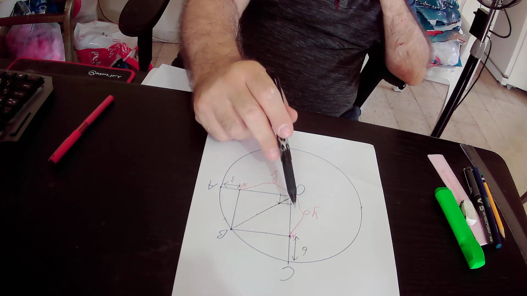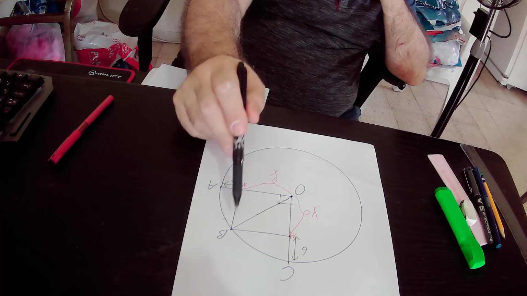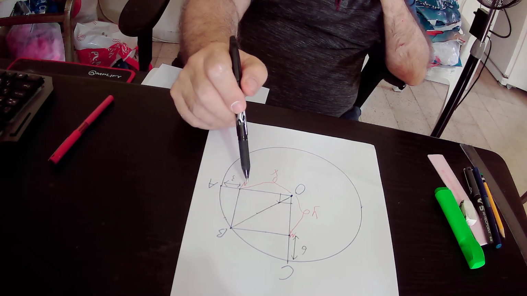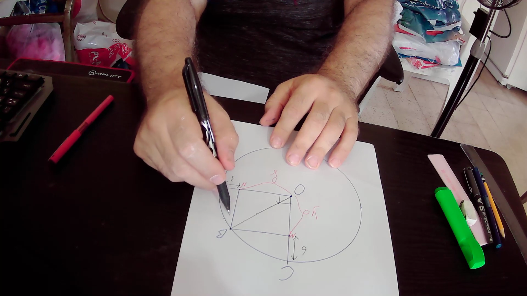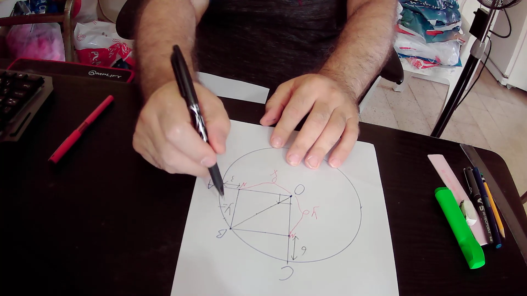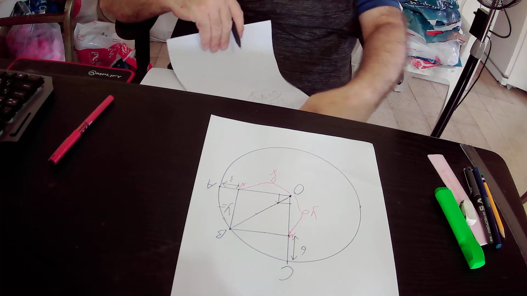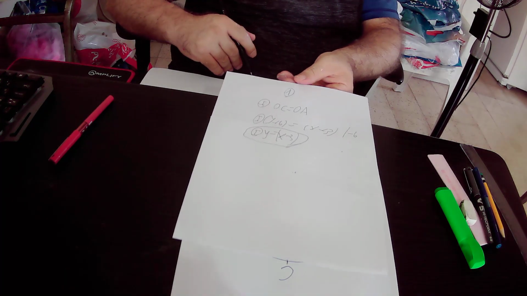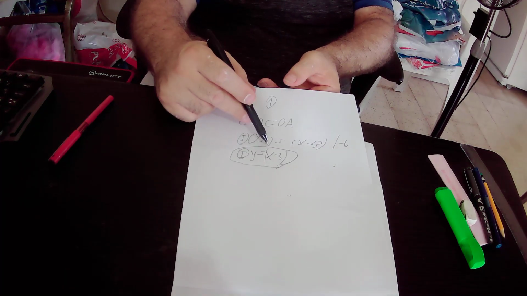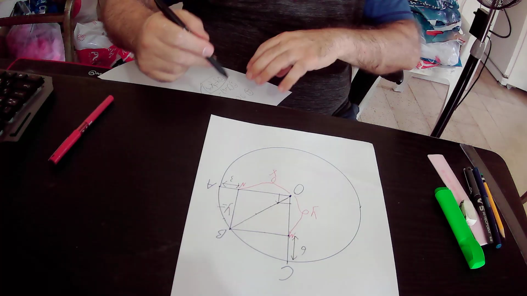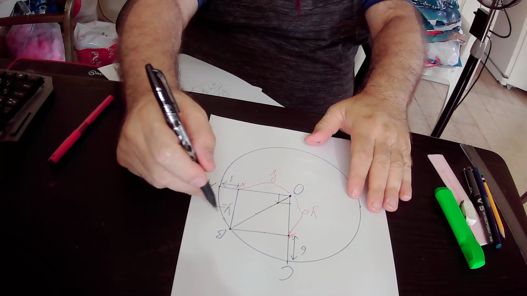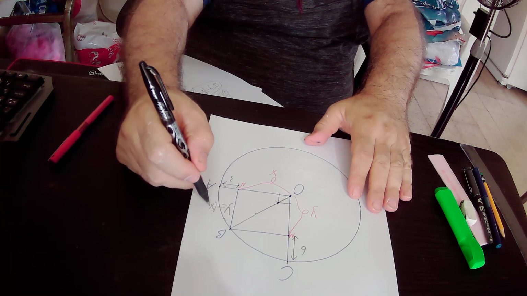So if this side OM equals Y, then this side also equals Y. So I write BN equals Y, and from the first equation we know that Y equals X minus 3.